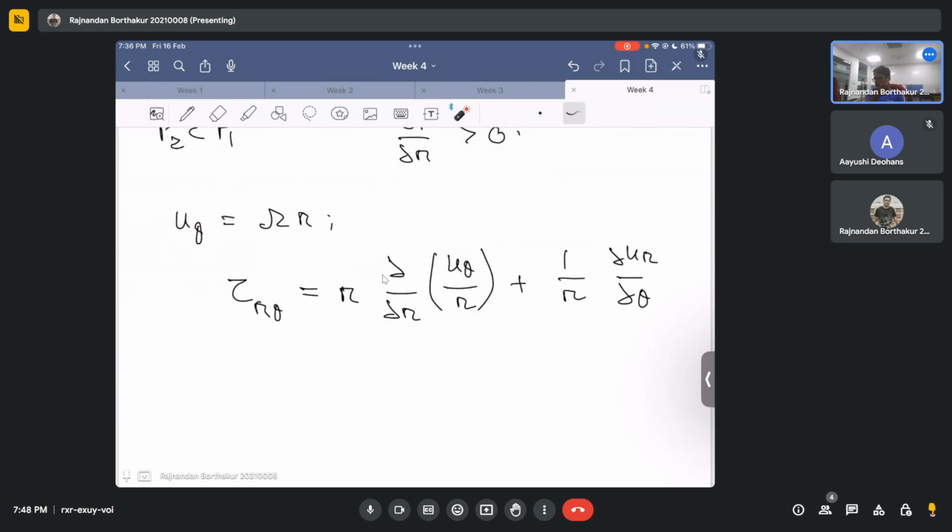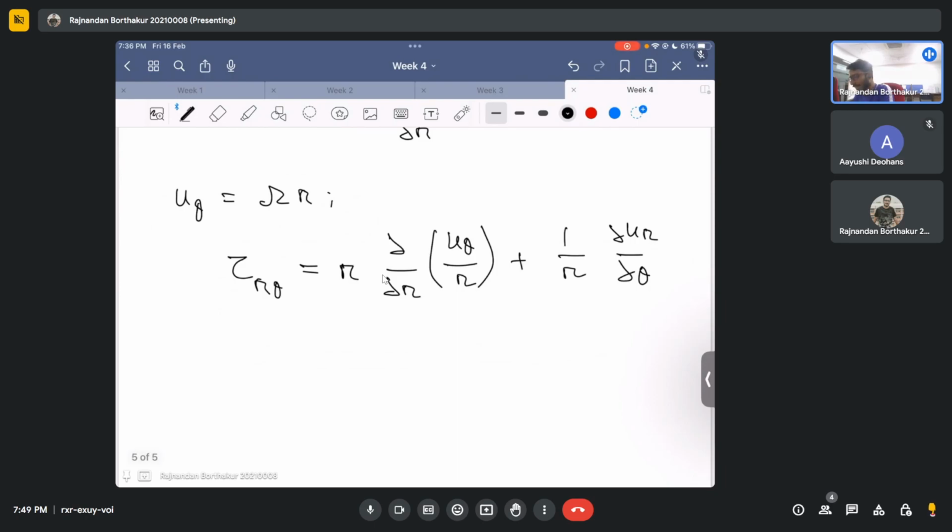Of course, for this chosen velocity profile, can you tell me what will be the value of tau r theta for this case? That is simple, right? Because we know u theta. Yes, exactly. That is 0.